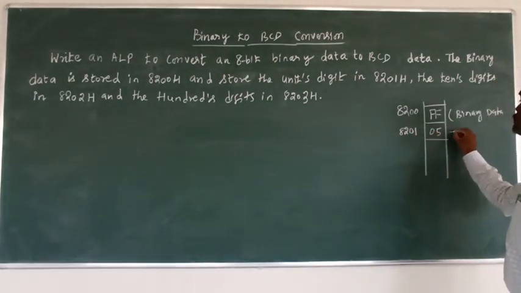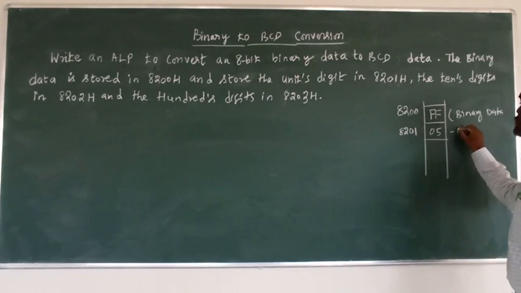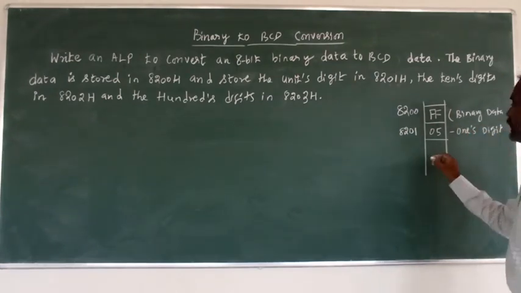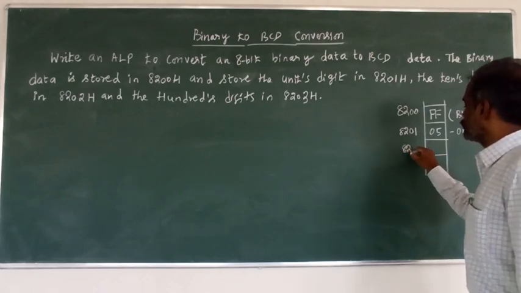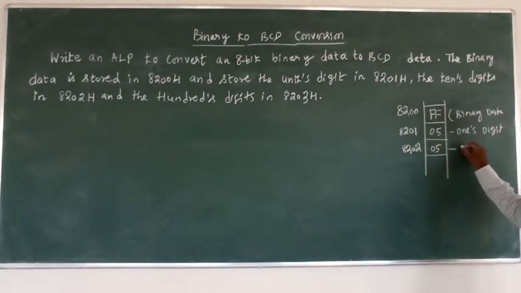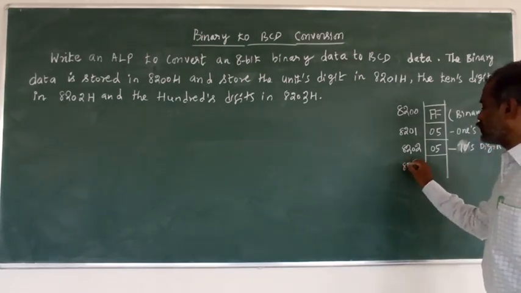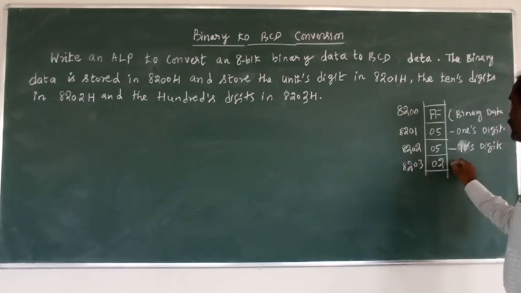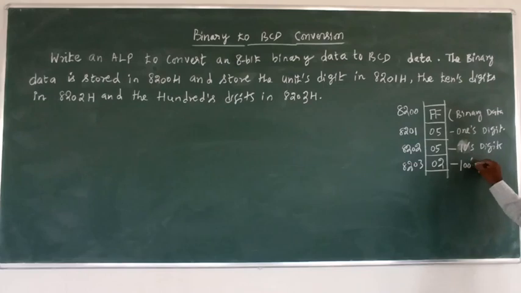This is for the ones digit. And 8202 has 05 data. This is for the tens digit. And 8203 has 02 data. This is for the hundreds digit.